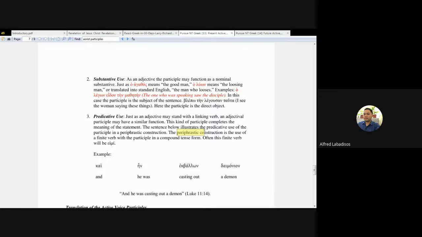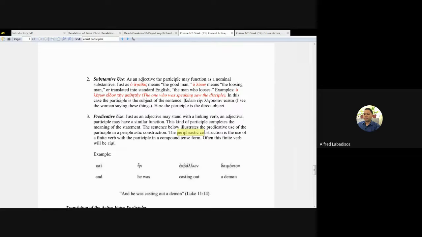Periphrastic construction is the use of the finite verb with the participle. When we say finite verb, we mean verbs that imply person. So we have all the tenses in the indicative, the subjunctive, and the imperative.